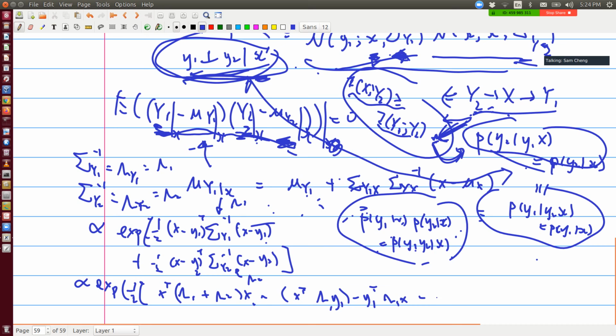I have x transpose lambda 2 y2, minus y2 transpose lambda 2 x. Then I have some other terms that are constant. They don't depend on x, so I can group them as a constant and put them outside. So let's ignore those first.